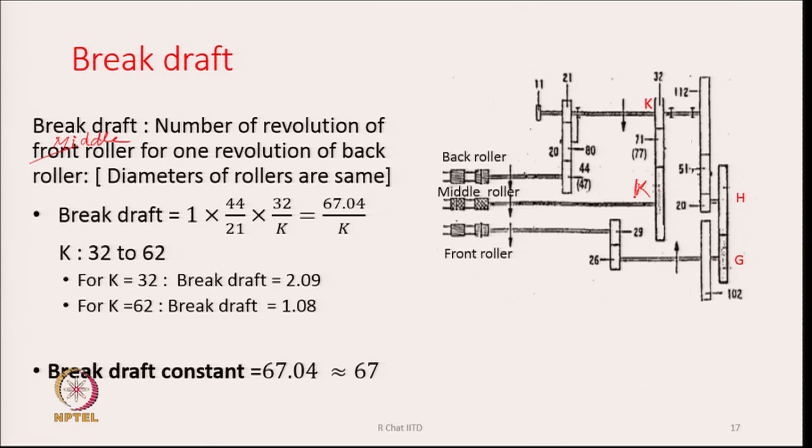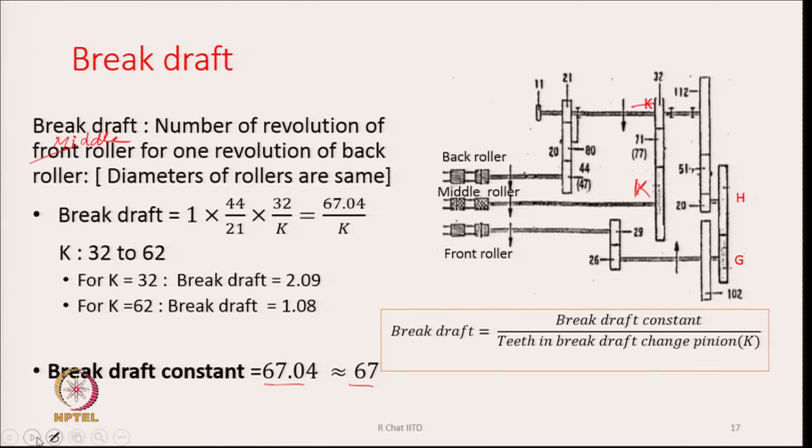So, by changing K, we will be able to change the break draft value, but when the break draft changes, because the middle roller speed changes, the front zone draft also will change. And the break draft constant in this case is 67.04 or 67.